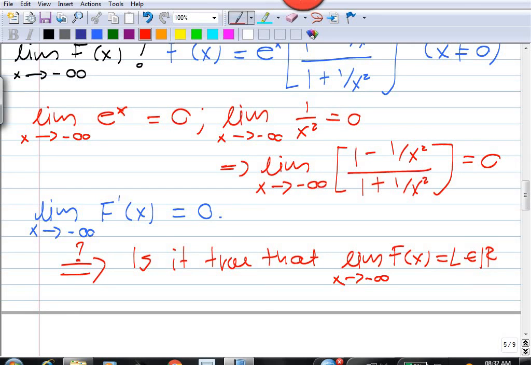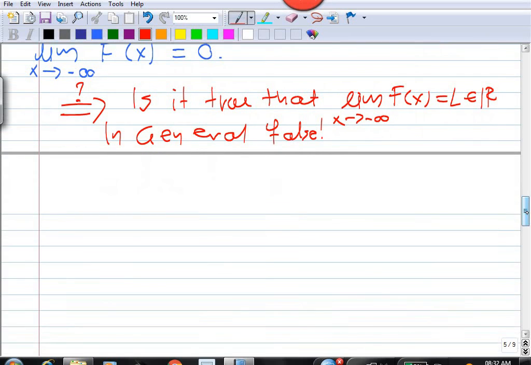Well, it may be true for our function f, but in general it is false. And one can see this by means of a relatively simple example. So let's see.